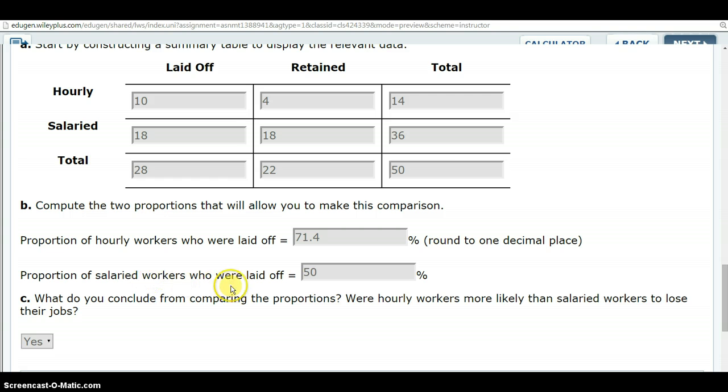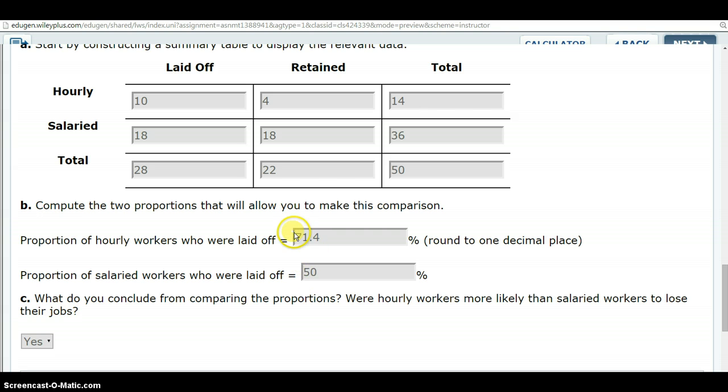Proportion of salaried workers who were laid off. So now we're looking at these 36 workers. 18 were laid off, so 18 over 36 is 0.5 or 50%. Looking at these two proportions, it does look like the hourly workers were more likely to be laid off.